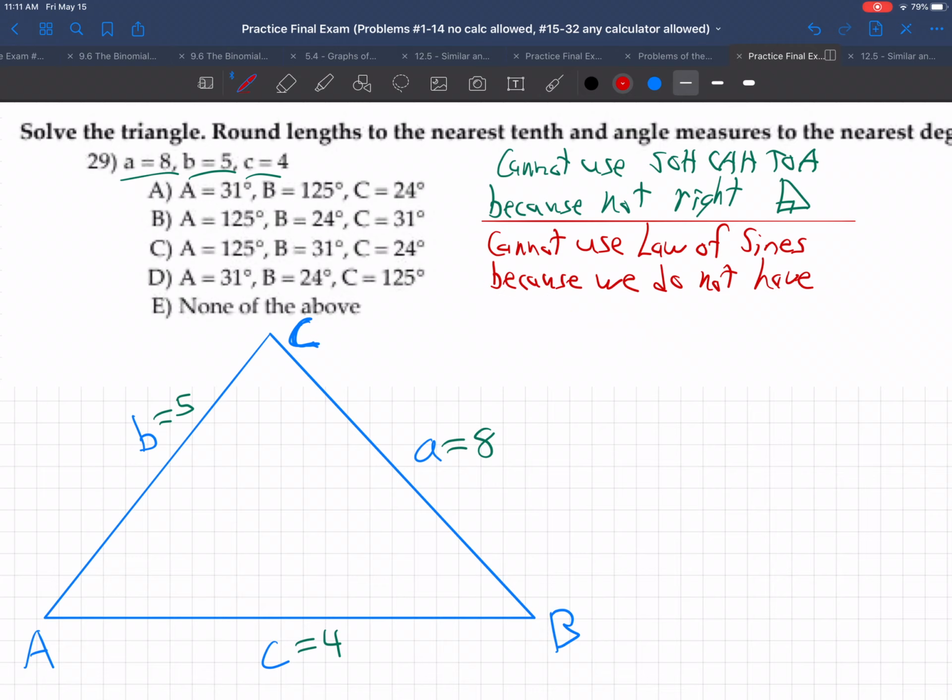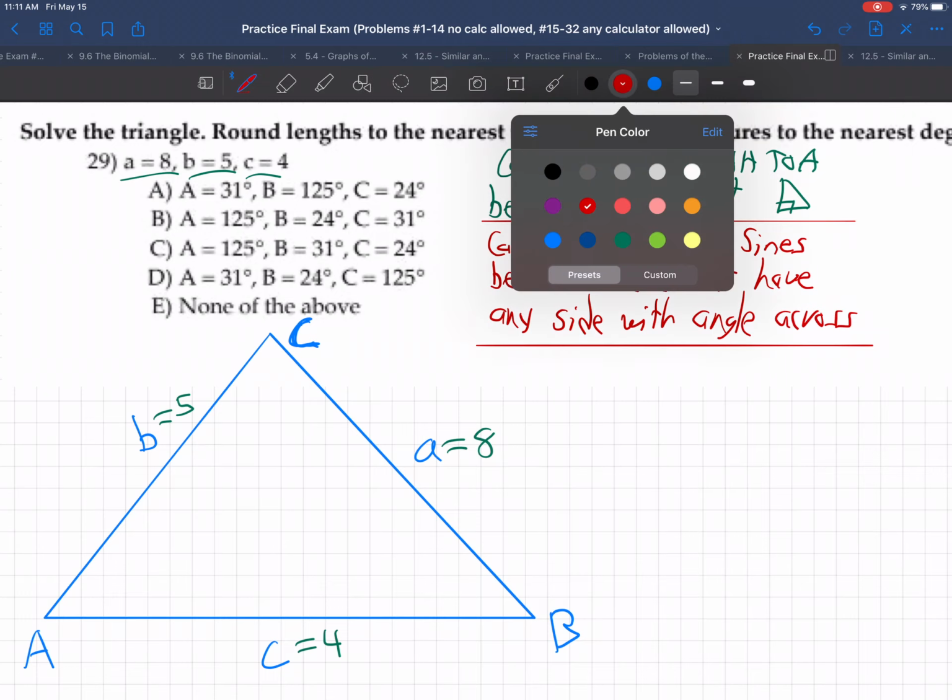We do not have any side with the angle across from it. You have to have a side with an angle across from it to use the law of sines. So we can't use the law of sines either. So to the law of cosines, our only option, we go.